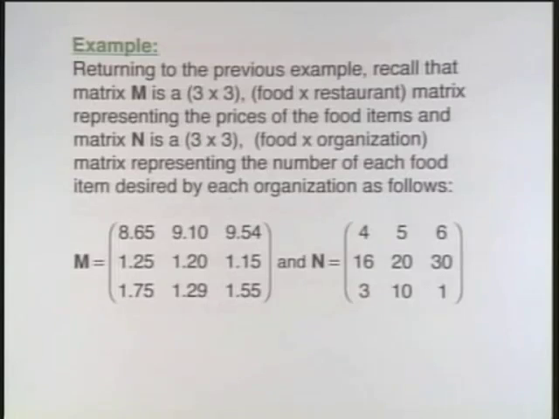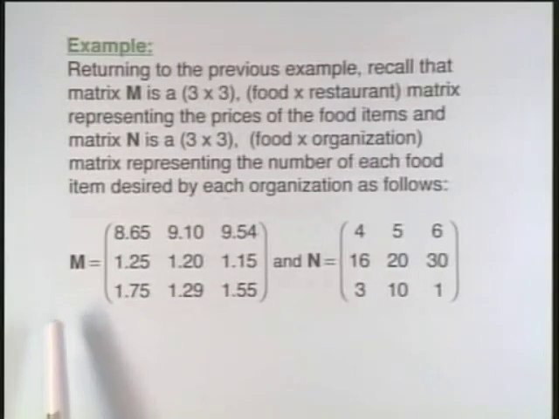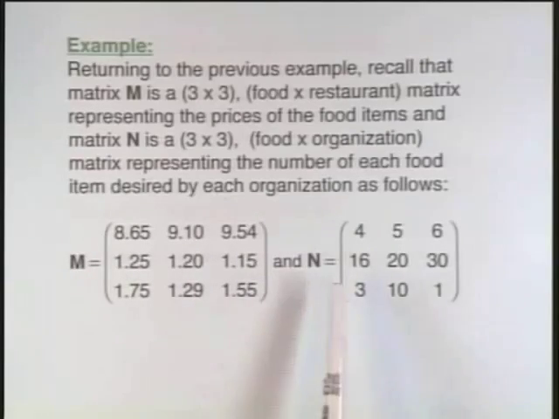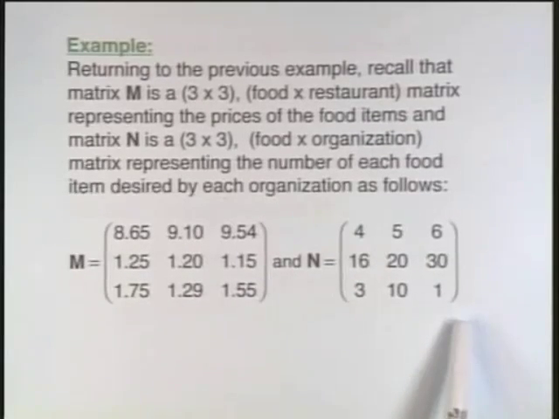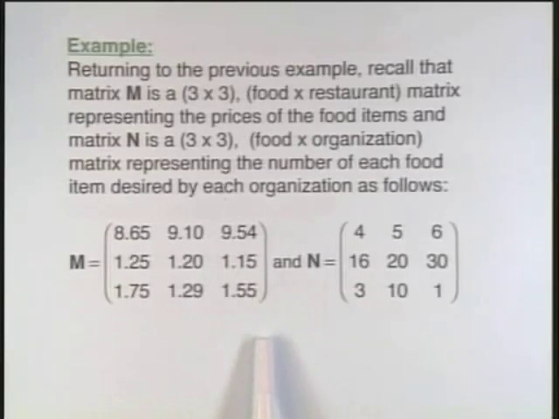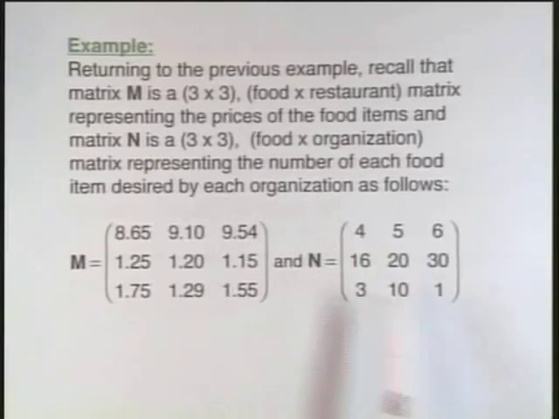Example. Returning to the previous example, recall that matrix M is a 3 by 3 food by restaurant matrix representing the prices of the food items, and matrix N is a 3 by 3 food by organization matrix representing the number of each food item desired by each organization as follows.